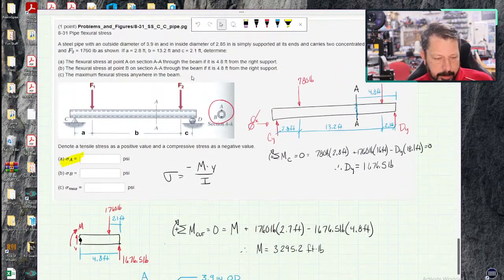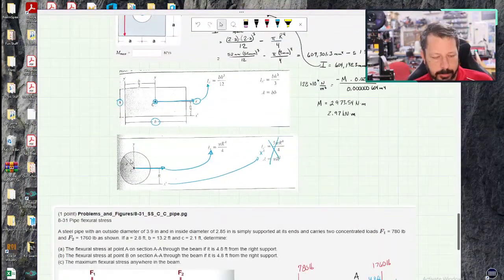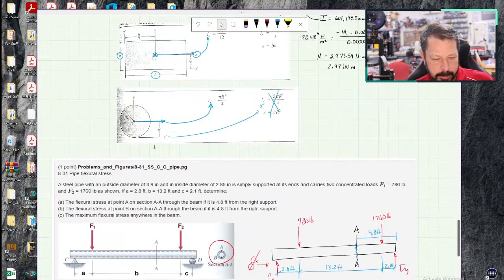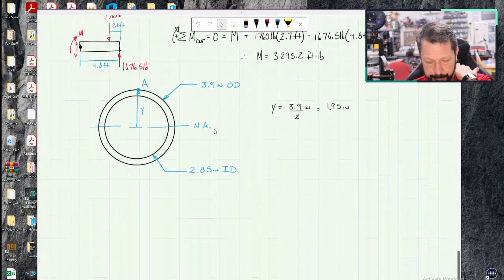So we can actually go back to this little circle, because all this is a big circle with a little circle subtracted away from it. So moment of inertia about its own centroid, which in this case the centroid of both circles, the outer and inner, is right on top of the neutral axis for the composite shape, so I don't have to use parallel axis theorem. So pi r to the fourth over 4.